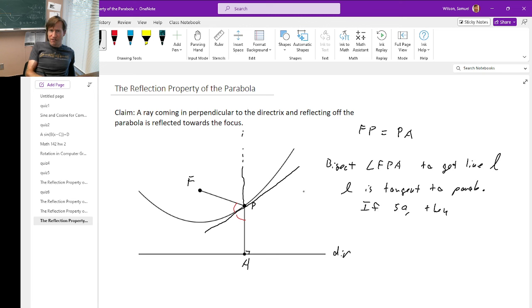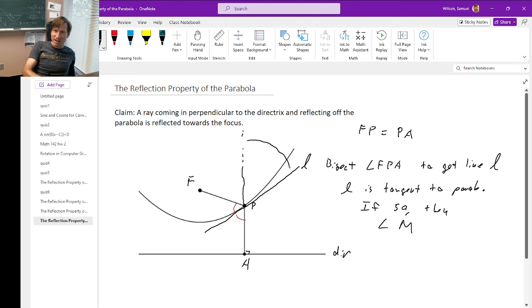Now, if this line L is actually tangent to the parabola, then the angle that I'm going to call M, which is this angle right here, is equal to the angle N, which is right down here. That's because if L is tangent to the parabola at P, then M and N are vertical angles, right?